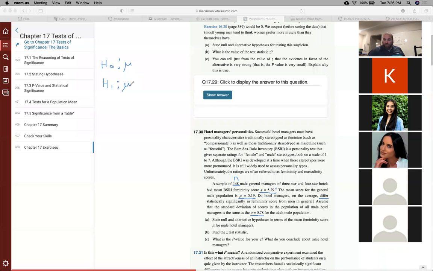Is it 5.19? Is what's 5.19? Mu is equal to 5.19. Excellent. Mu is equal to 5.19 because after all, this is the value for the entire male population. So why would we think otherwise? And what are we testing against mu equal to 5.19?